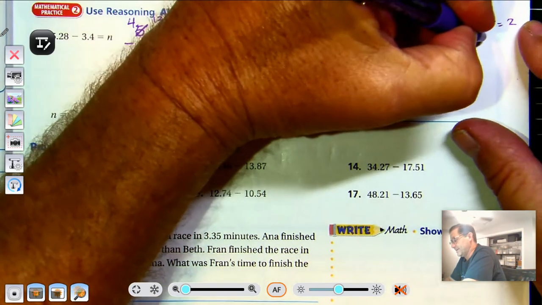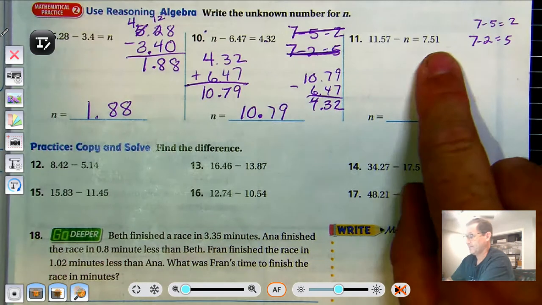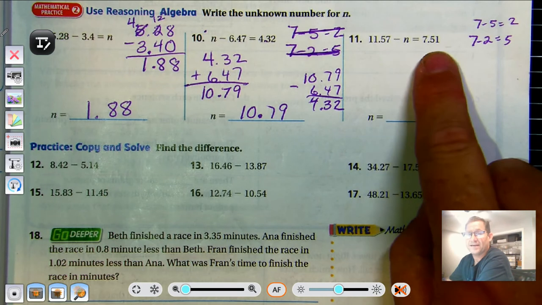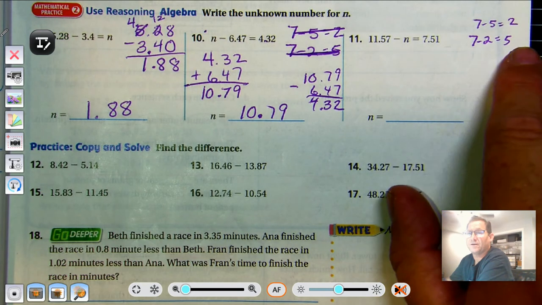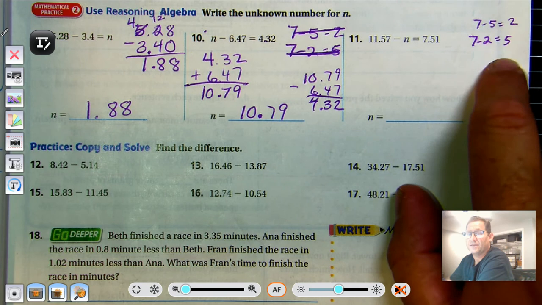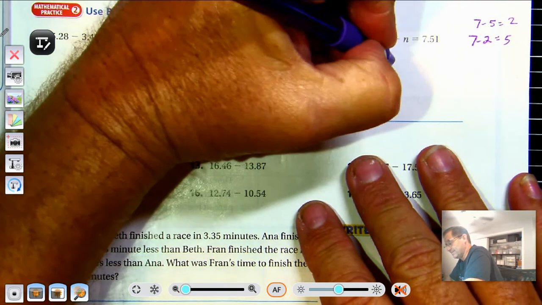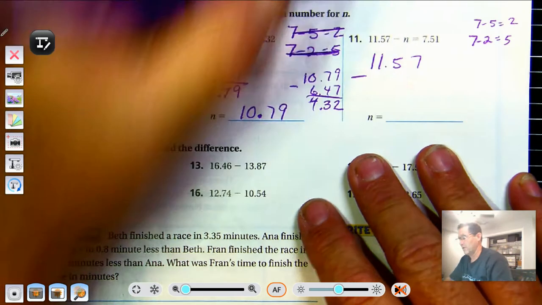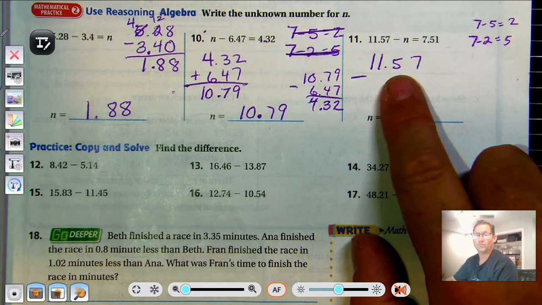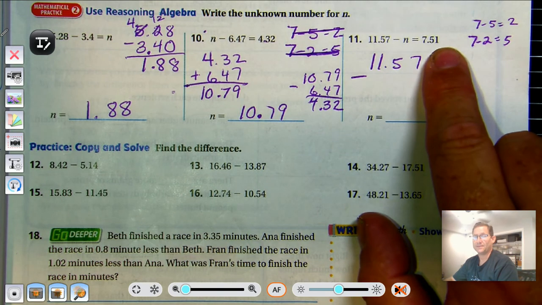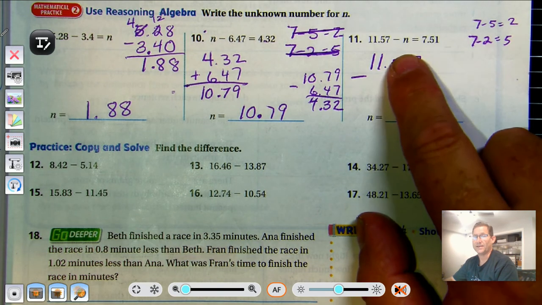But if we also take 11 and 57 hundredths and take away 7 and 51 hundredths, we should get the other number, the other math fact, right? So it's very similar to that. All we have to do is take what we're subtracting from and subtract the difference. That'll give us the number that's being subtracted.